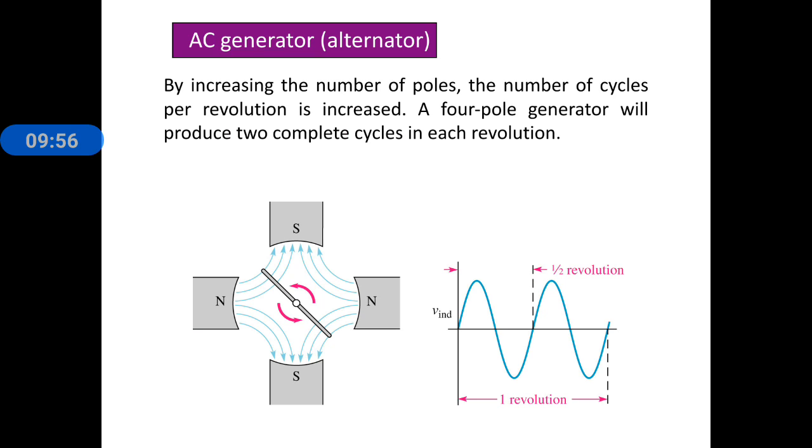The AC generator, alternator, we have already discussed. By increasing the number of poles, north poles and south poles, the number of cycles per revolution is increased. A 4-pole generator will produce 2 complete cycles in each revolution.